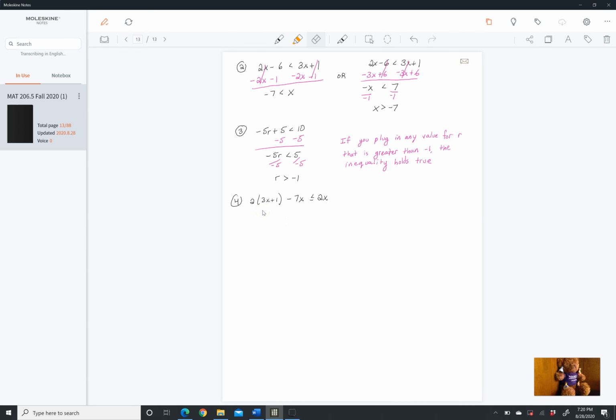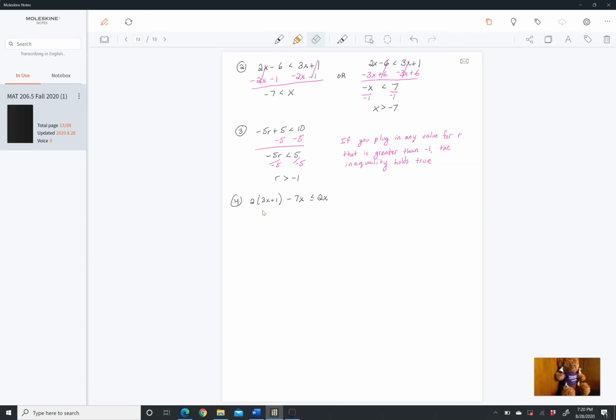Okay, and you should note that we're going to be doing stuff like this all the time where we're simplifying an expression, and the first thing to do is to get rid of parentheses. And to get rid of parentheses, it's always distribution. So 2 times 3x gives us 6x. 2 times 1 gives us 2. So we get 6x plus 2 minus 7x is less than or equal to 2x.